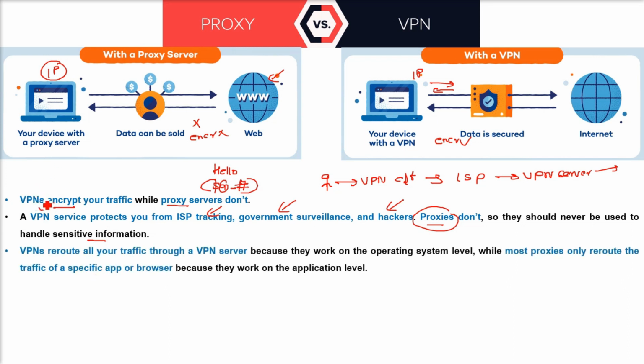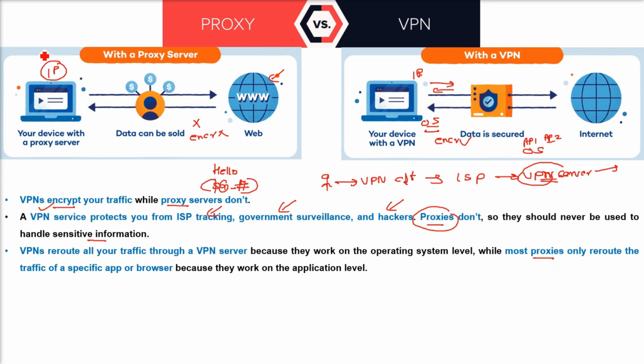It can be NordVPN, it can be ExpressVPN. There are so many of them. Right. VPN actually reroutes all your traffic through the VPN server. As I just told you, this is your VPN server. So there is a proper rerouting going on because they work on the OS level, operating system level. While most of the proxies which are available, they only reroute the traffic of a specific app, application or a browser, because they only work on application level.